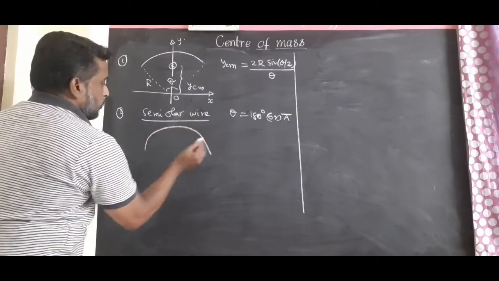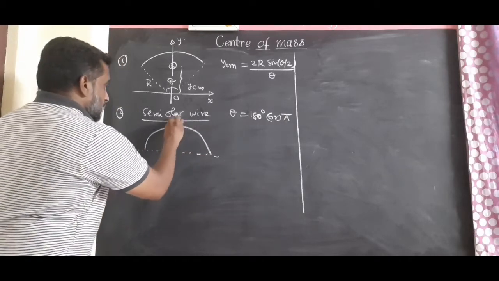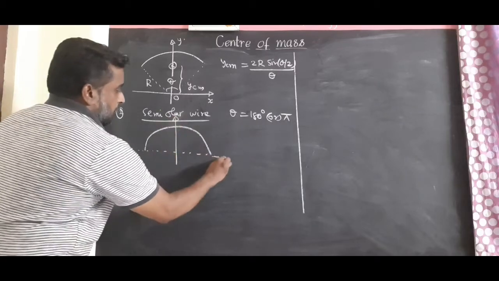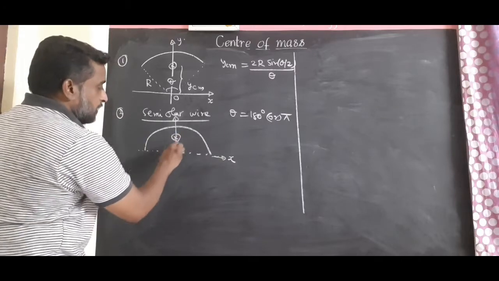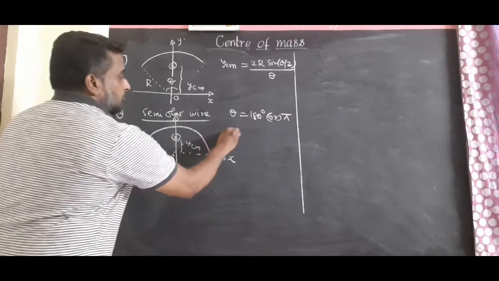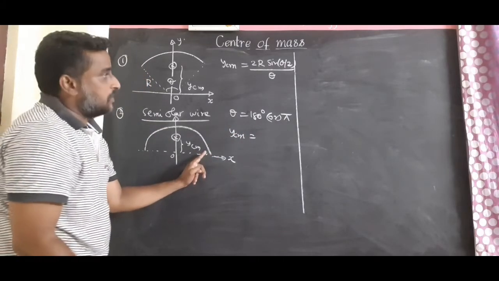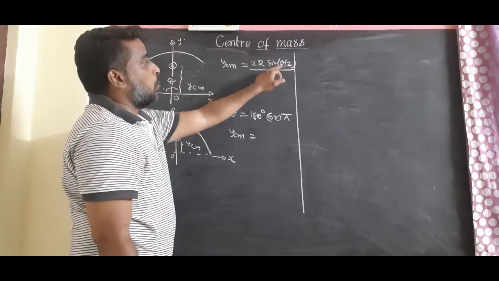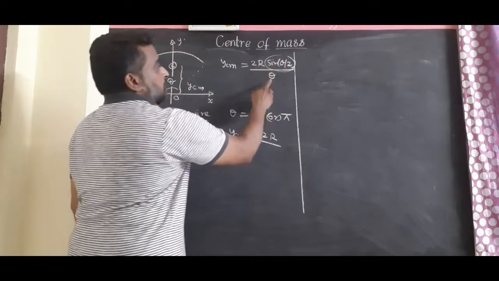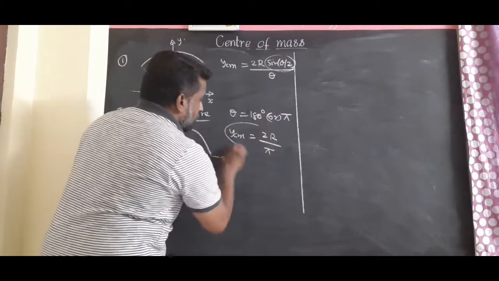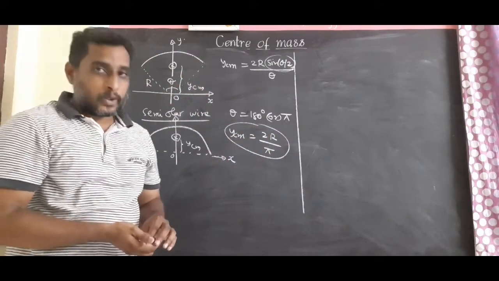So in case of a semicircular wire of radius r, the location of the center of mass will be somewhere here. This is YCM. We get it by substituting theta as 180 degrees in this equation. Therefore, it will become 2r, this will become 1, theta is pi. 2r by pi is the expression for the location of the center of mass in case of a semicircular wire.